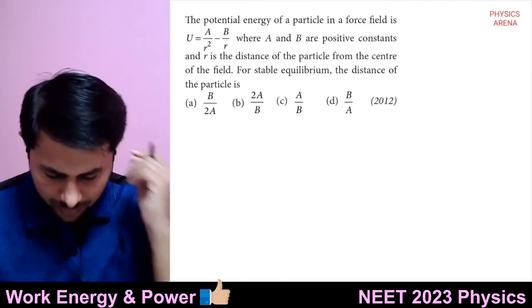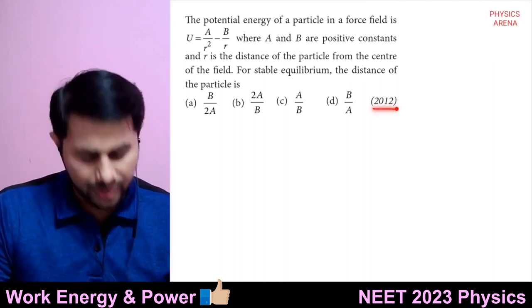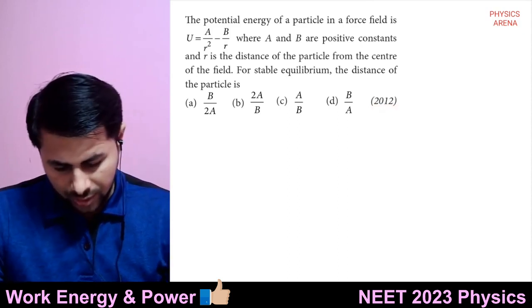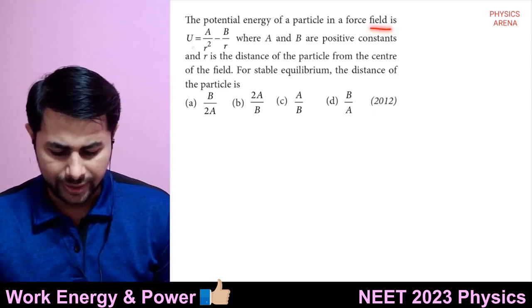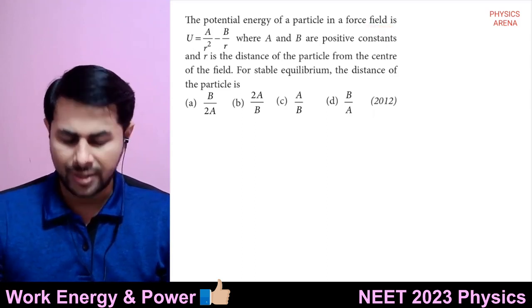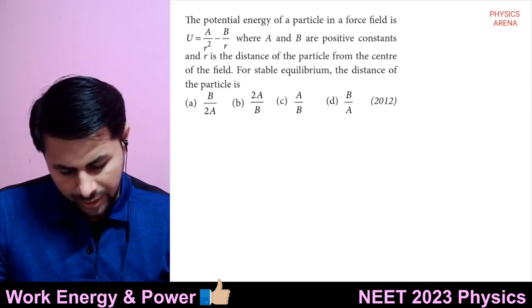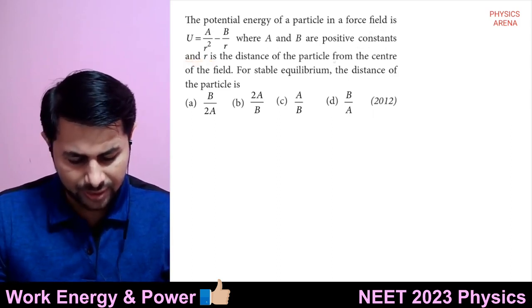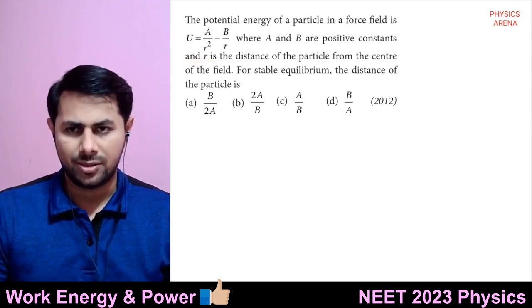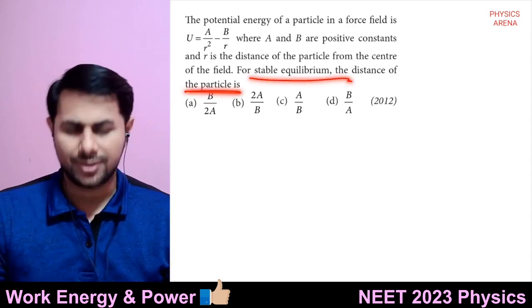Next question, from NEET 2012. The potential energy of a particle in a force field is U equals A divided by R square minus B divided by R, where A and B are positive constants and R is the distance of the particle from the center of the field. For stable equilibrium, what is the distance of the particle?